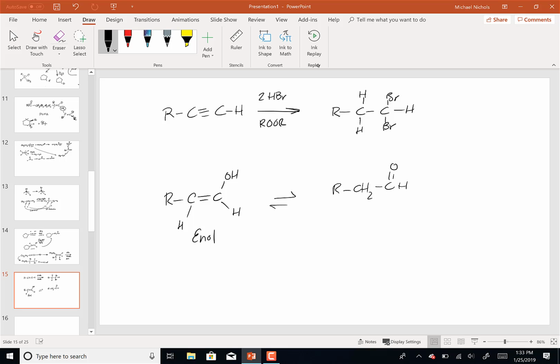They will always do that, because all the enols we're making are simple and they're not stable. So every time you do H plus H2O to an alkyne, you're going to make the carbonyl. The question is, are you going to make the ketone? Or if it's terminal, are you going to make the aldehyde?